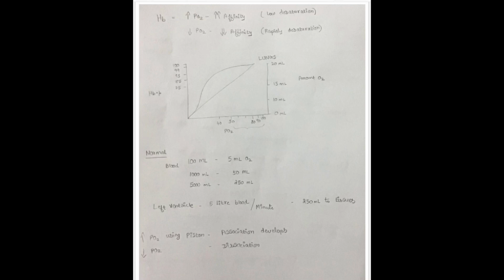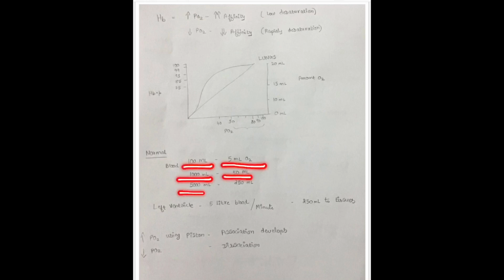Normally, 100 ml of blood delivers 5 ml of oxygen to the tissues. In a normal human body, the left ventricle pumps 5 liters of blood per minute. So if 100 ml delivers 5 ml of oxygen to the tissues, 1000 ml delivers 50 ml of oxygen.